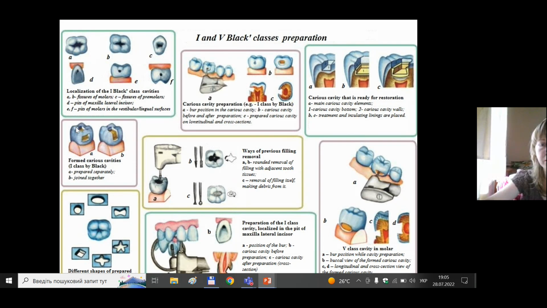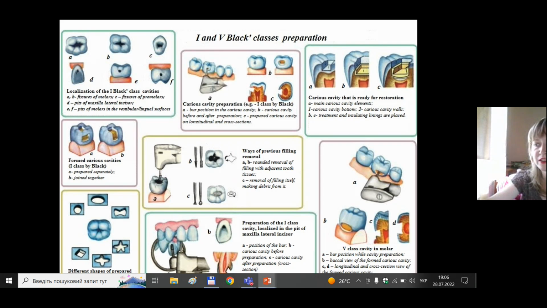And pay attention, if it is first class by Black, here we have straight walls, flat bottom, and the shape of the cavity resembles a rectangle, but in this case, it is a peculiarity of the fifth class by Black. It is oval or kidney shaped.